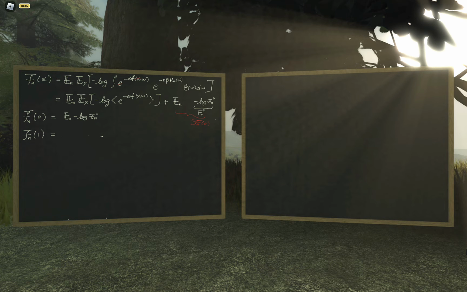Substitute alpha equal to 1 in there, you get E_X of negative log the average of e to the... I'm going to expand the f function.